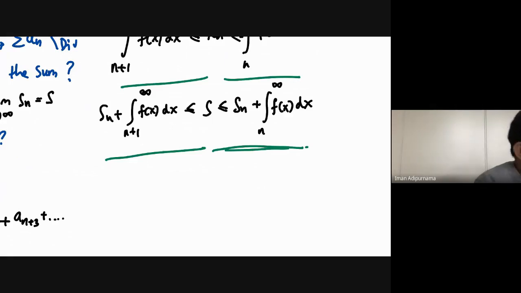The integral test and the estimation of the sum. The important thing is the integral test. If you can prove that the series is always decreasing from 1 to infinity, we can use the integral test and find whether the series converges or diverges.